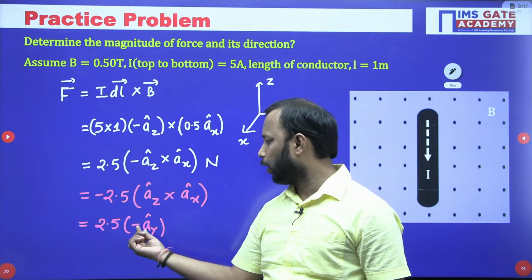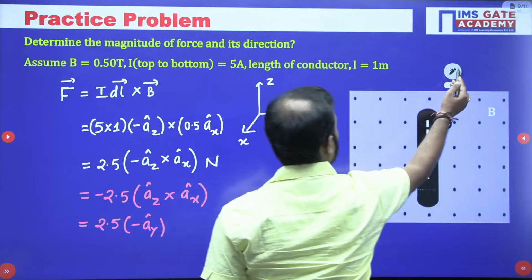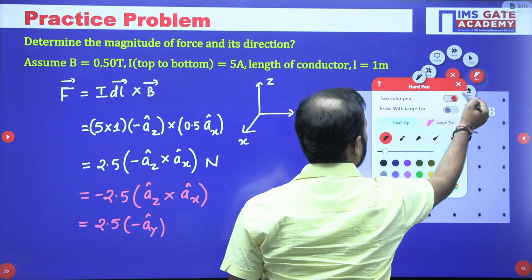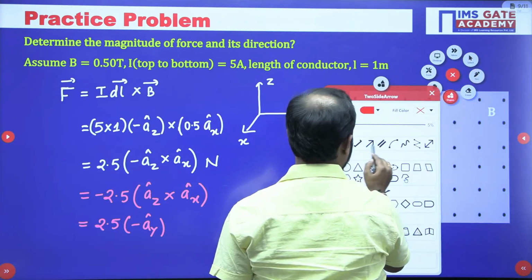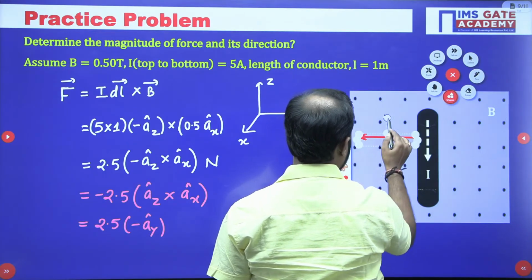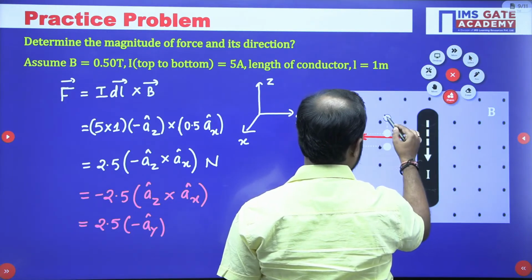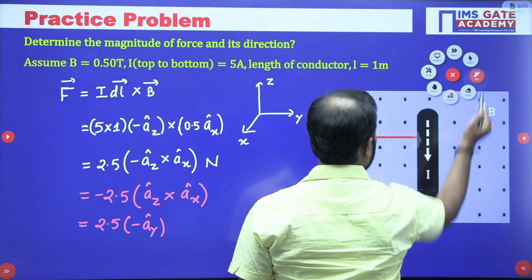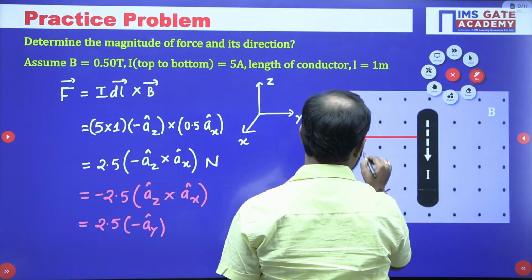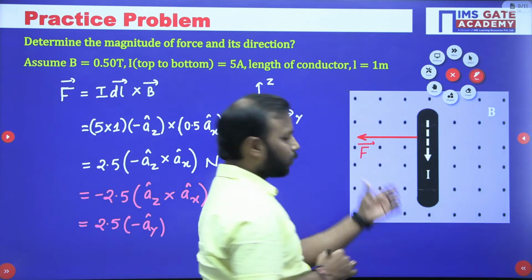So this is the magnitude and the direction is minus ay, meaning towards this side. Towards this side. So this is the force direction F. Okay, towards minus ay.